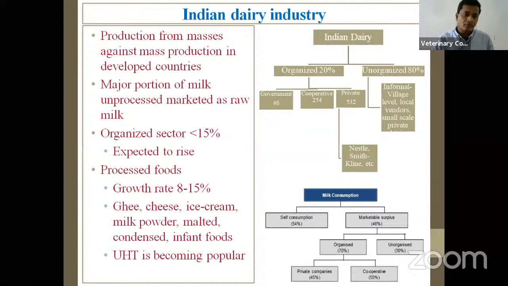When it comes to quality and safety, Indian milk is not a lauded product. Indian milk is a rejected product, in the sense that it has trade objectionable hazards in the product. What are these? These are either microbial contaminants or non-microbial contaminants.